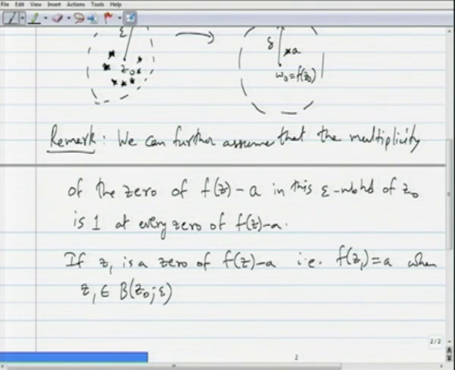So, z 1 is a solution to f of z equals A, and z 1 belongs to the epsilon neighborhood around z naught.